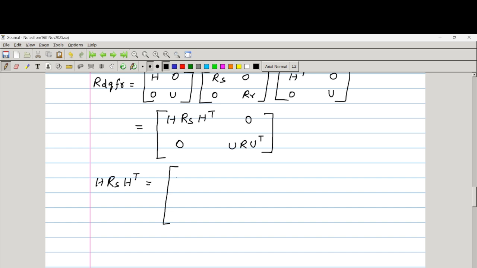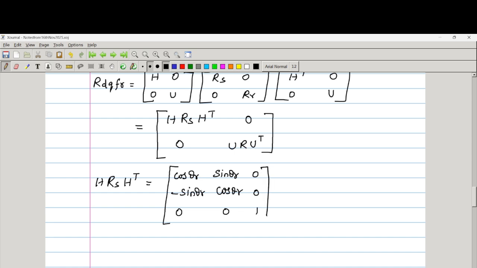H matrix. In the previous class we have seen cos theta r, sin theta r, 0. Then we will have minus sin theta r, then cos theta r, 0, then 0, 0, then 1.